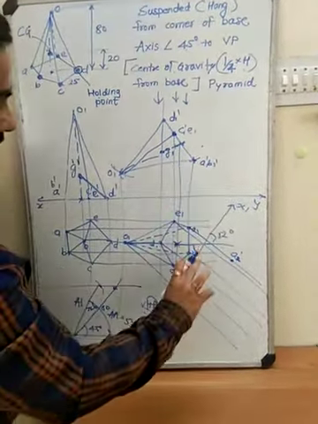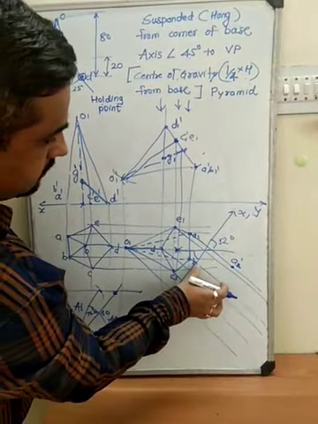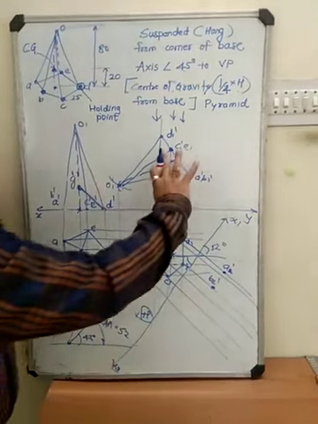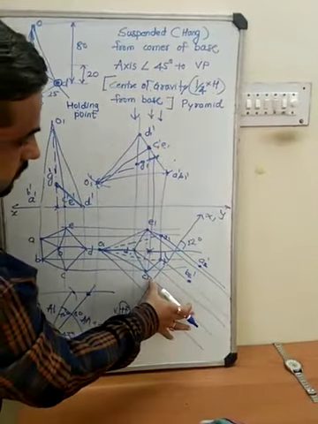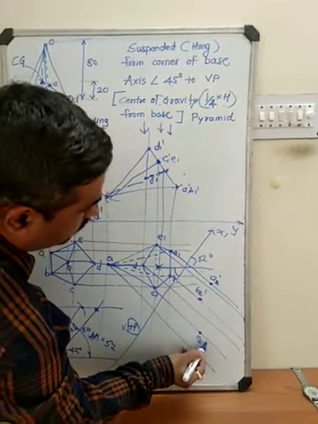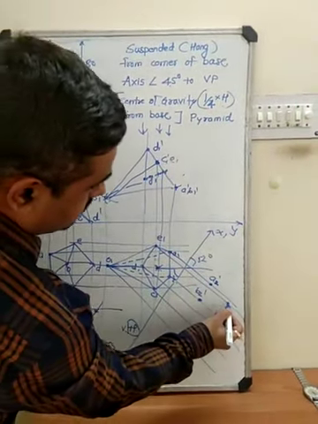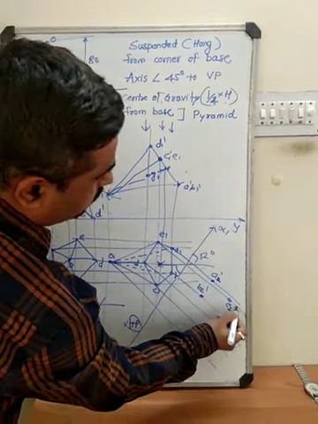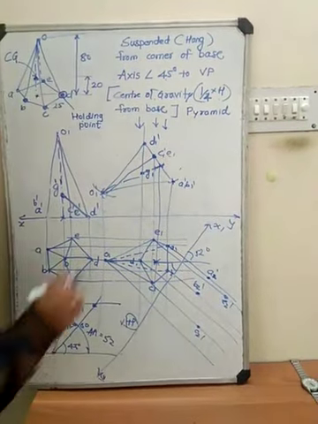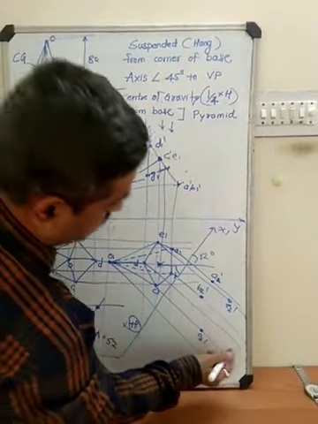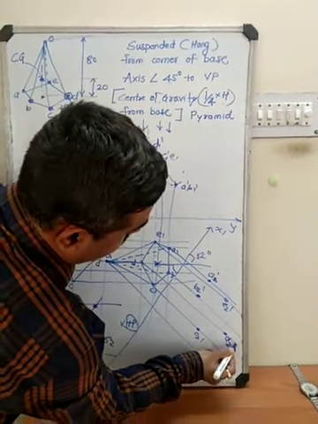Now B, B2 dash. C2 dash. Take distance, E2 dash. Now D2 dash.